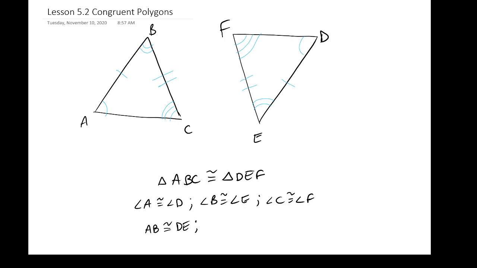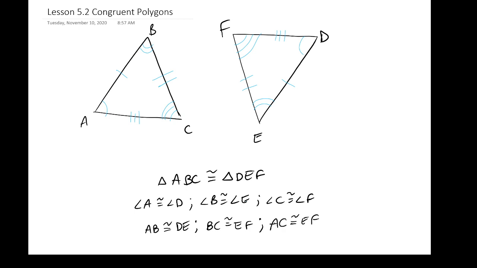Again, second and third BC, second and third EF. BC congruent to EF. And last but not least, we have AC, which is congruent to DF, the first and third, right? The only other combination that we can make. First and third, A and C, first and third, D and F, in terms of how they are listed.